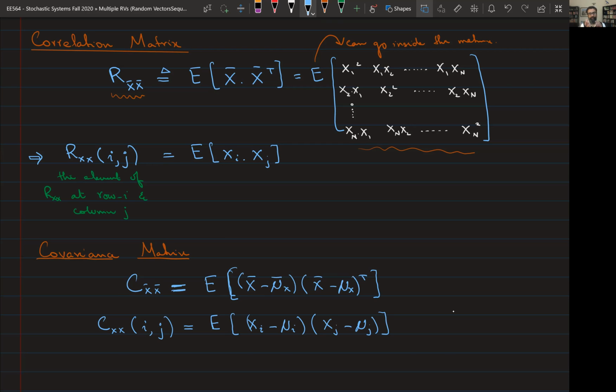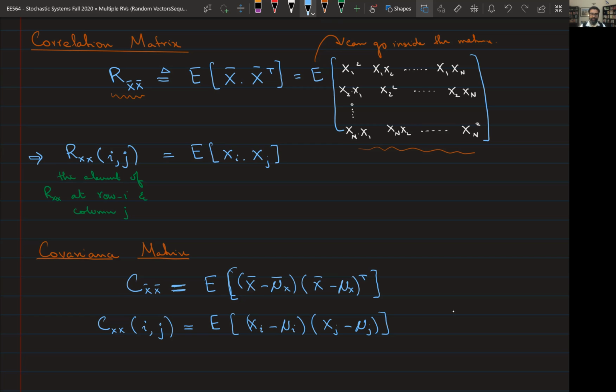Okay? So the element at the ith row and the jth column of the covariance matrix is equal to the covariance between the random variables xi and xj, right? As opposed to the correlation matrix, where the ith row and jth column element is actually the correlation between xi and xj. Okay, so that's a slight bit of a difference.